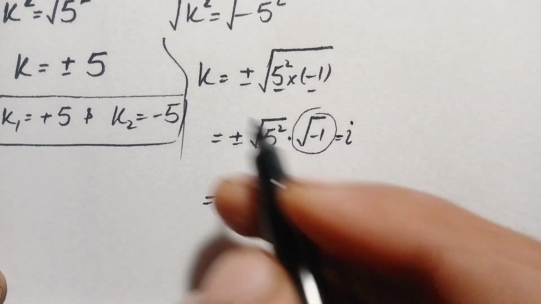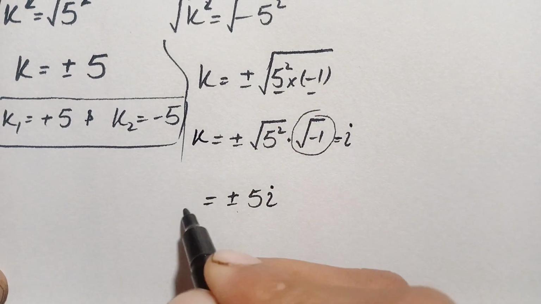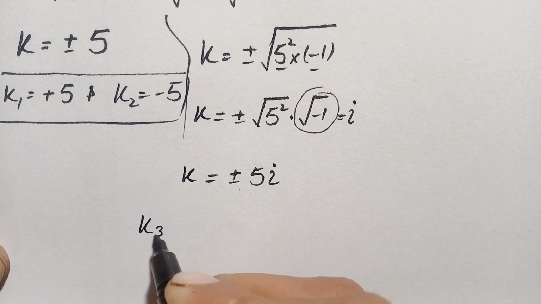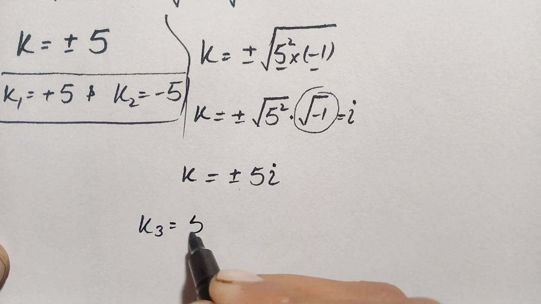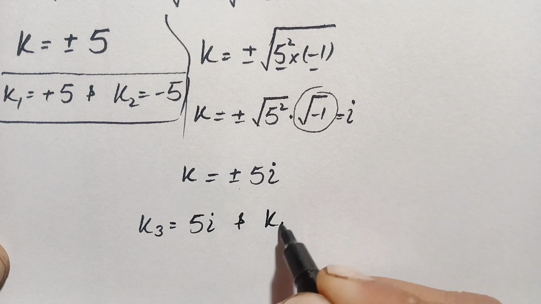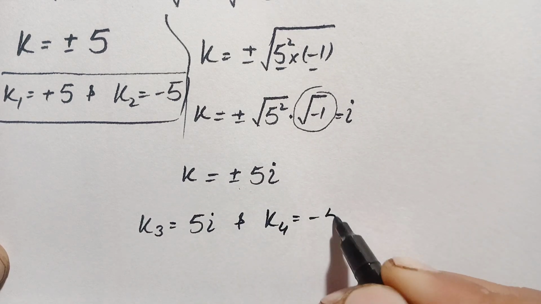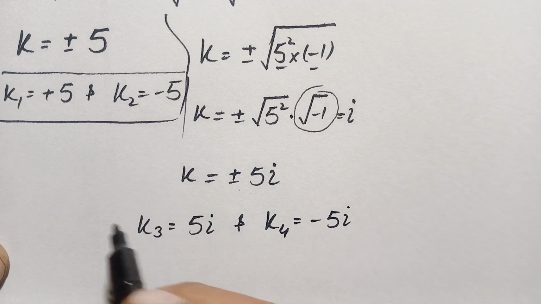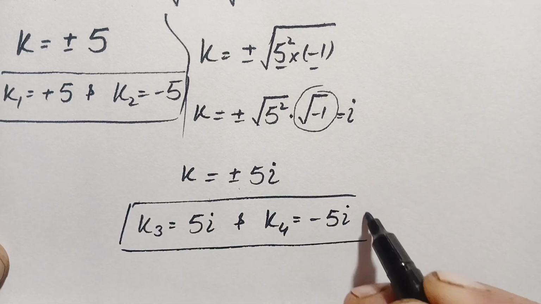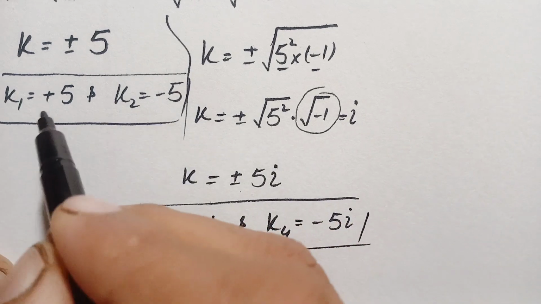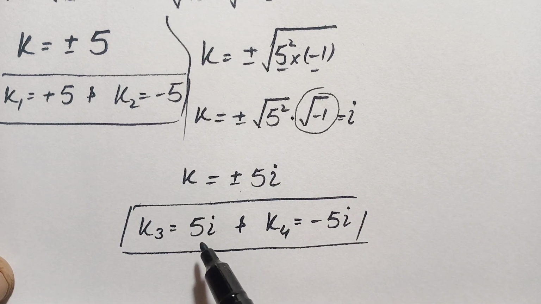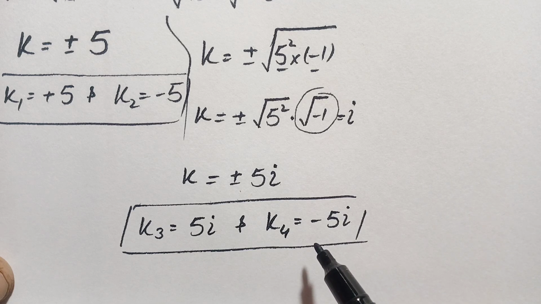So here we have two complex values of k. Now let us suppose k3 is equal to plus 5 iota and k4 is equal to negative 5 iota. So finally we have 4 possible solutions, 4 values of k. 2 are real, plus 5, minus 5, and 2 are complex, plus 5 iota, negative 5 iota.